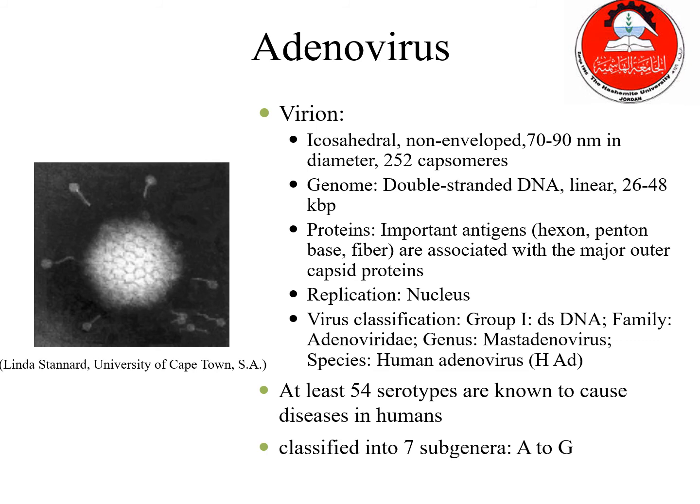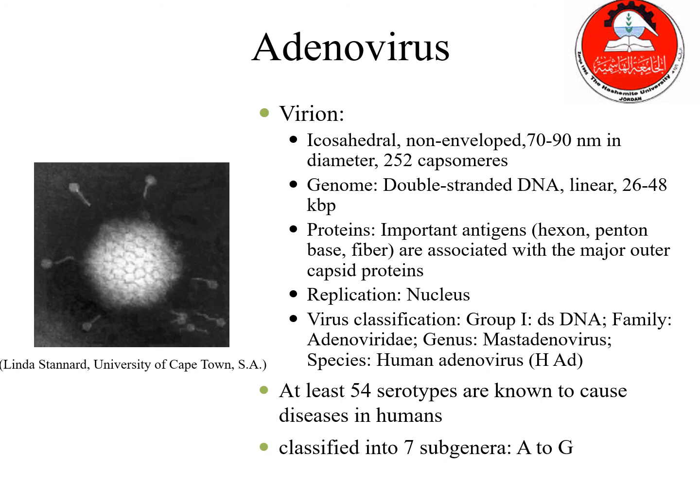The next virus we're going to talk about today is the adenovirus. The adenovirus is a DNA virus. It is a naked virus. It has an icosahedral capsid and it is 70 to 90 nanometers in diameter. It's double-stranded DNA.